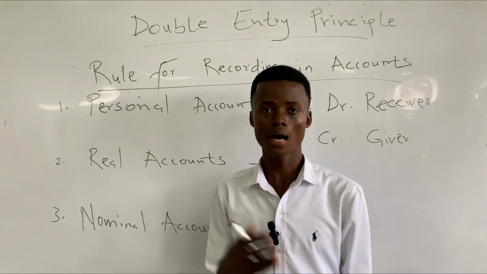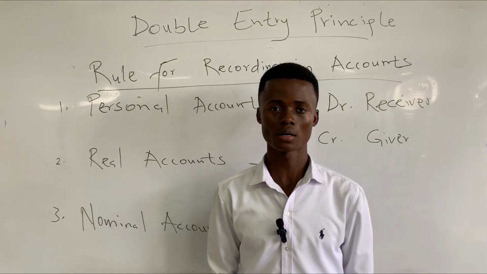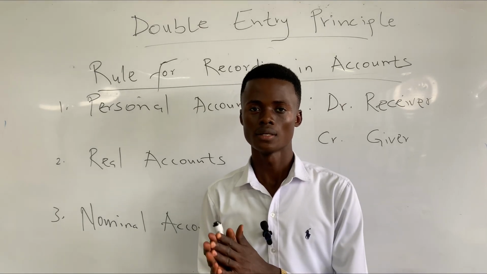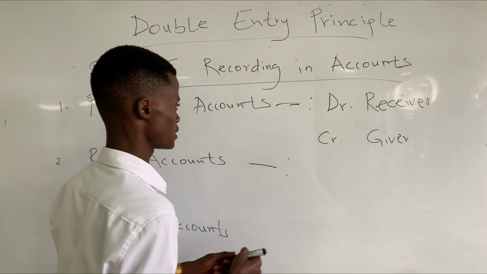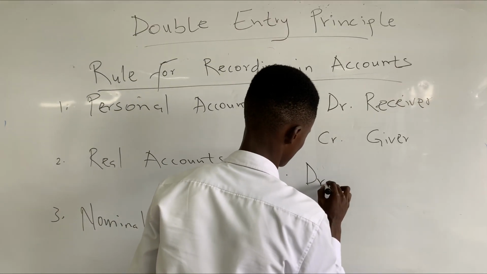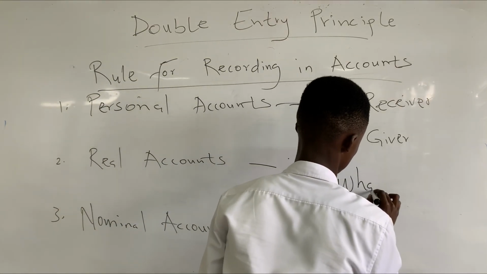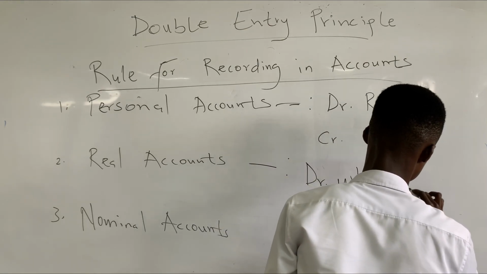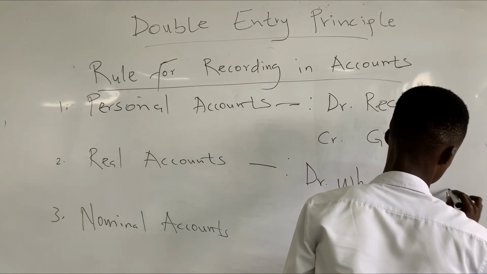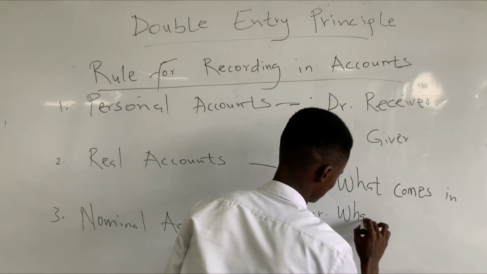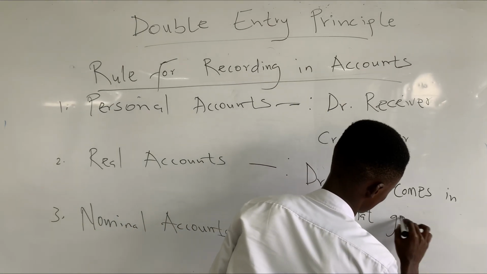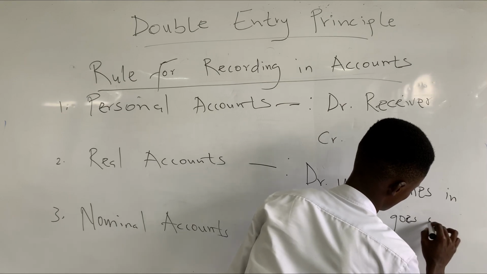When something is going out from a property or an item account, you should credit the property account. So under the real account, we said debit what comes in and credit what goes out.